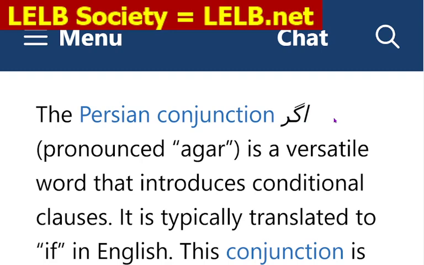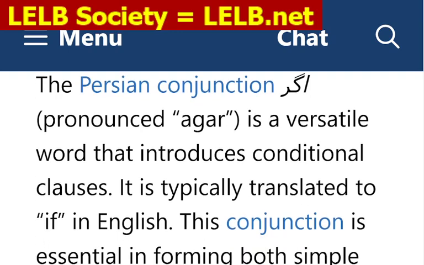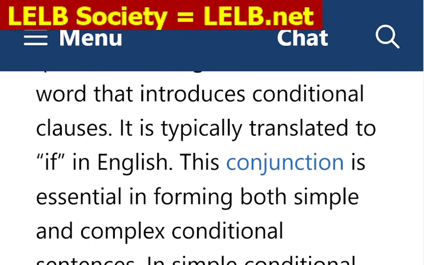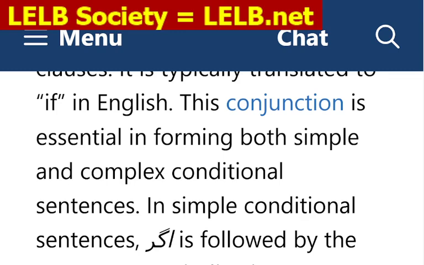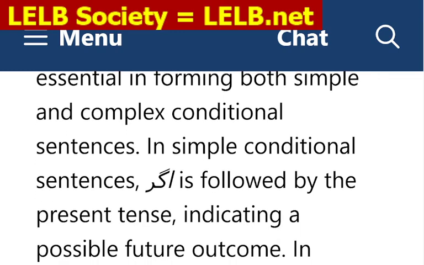In formal Persian we say agar, in informal Persian we say age. It is a versatile word that introduces conditional clauses, and it is typically translated to if, which is correct in English. This conjunction is essential in forming both simple and complex conditional sentences.